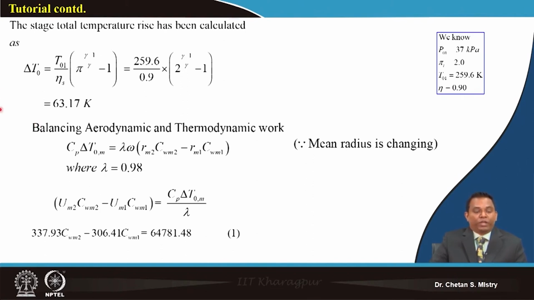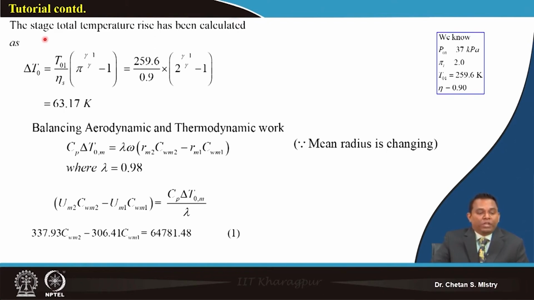So suppose we have our aerodynamic work and our thermodynamic work. The aerodynamic work gives us the whirl velocity distribution, like the Cw1 component and Cw2 component.